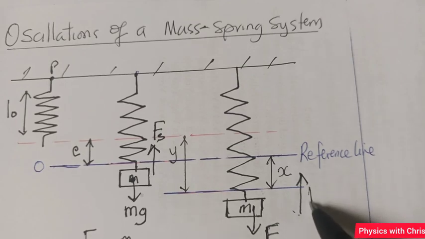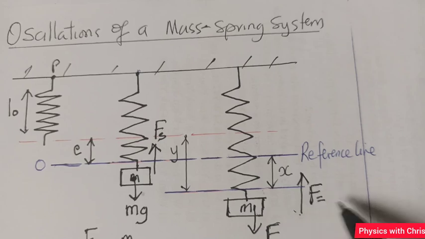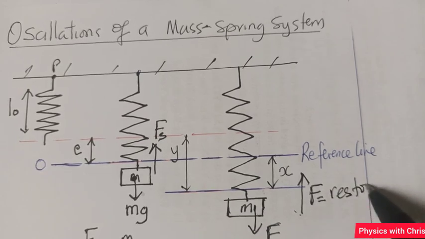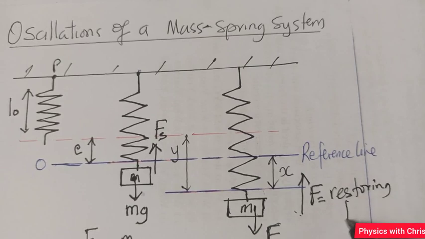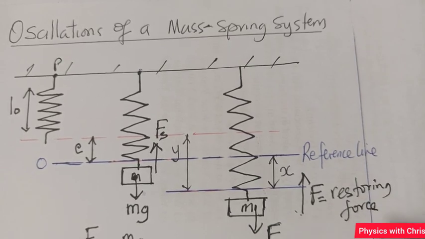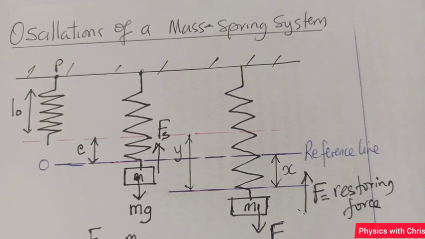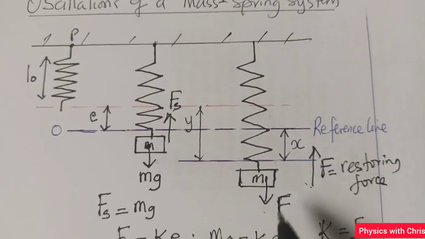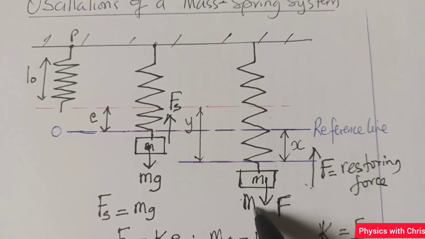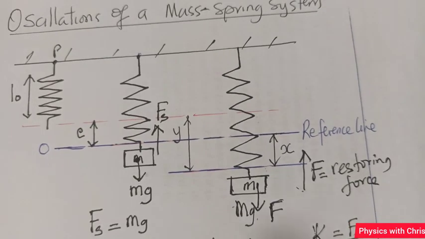I may use the symbol F for my restoring force. The restoring force acts in the upward direction. And the only force acting downwards is the weight mg of the mass.